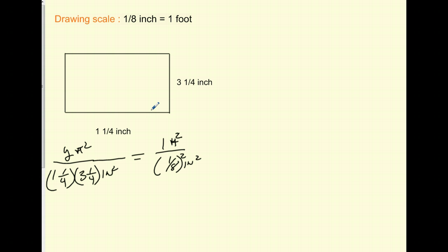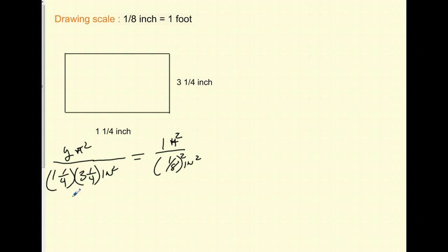This is the scale of the drawing, and it says 1/8 inch equals 1 foot. But now we're looking for an area. So we say y square feet is to 1 1/4 times 3 1/4, that's the area, is equal to 1 square foot is to 1/8 squared.